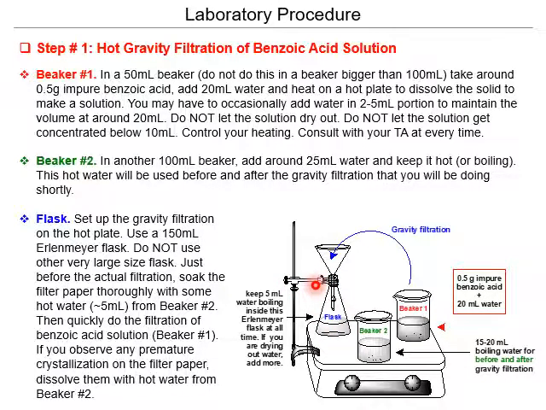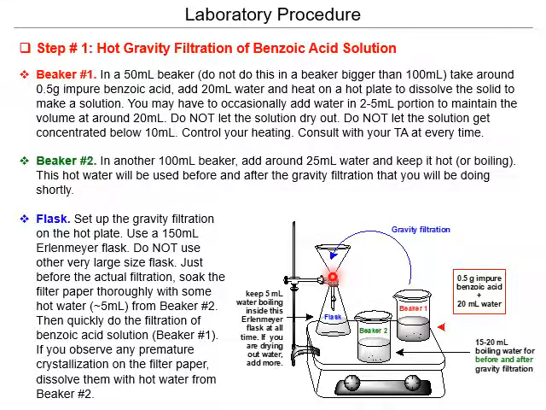After boiling and dissolving your impure benzoic acid in the water, before doing the filtration, you need to soak the filter paper thoroughly with some hot water from beaker number 2, and then quickly filter your solution from beaker number 1, which is your benzoic acid solution.